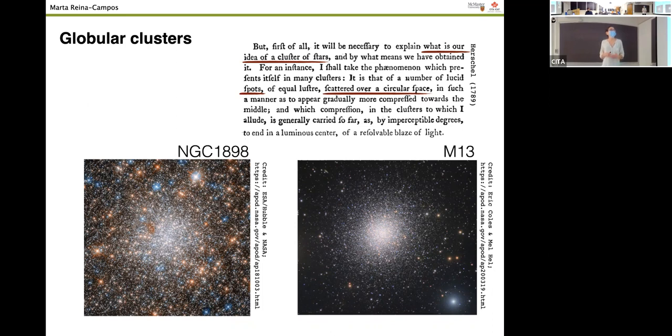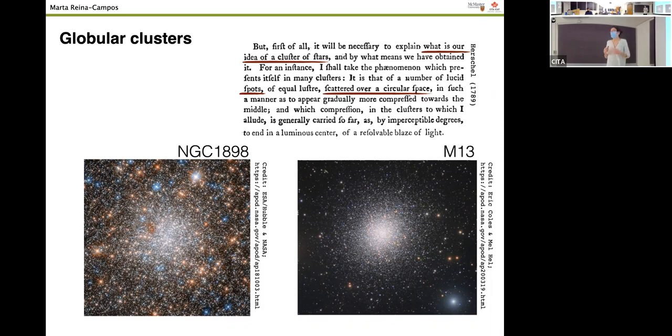For an instance, I shall take the phenomenon which presents itself in many clusters. It is that of a number of lucid spots of equal luster scattered over a circular space in such a manner as to appear gradually more compressed towards the middle, and which compression in the clusters to which I allude is generally carried so far as by imperceptible degrees to end in a luminous center of a resolvable blaze of light."